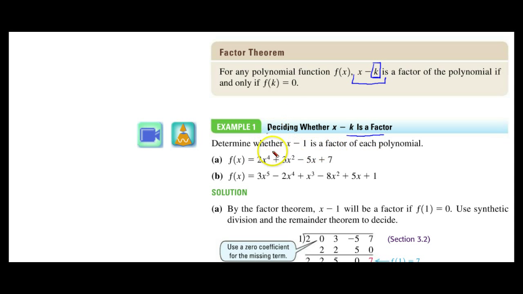So let's take a look at this example. Here we see what they're giving, and we're wondering whether or not this is in fact a factor of this polynomial. It will be a factor if we find that the remainder is 0. Again, we're thinking of our synthetic division. So let's move this up and do it.